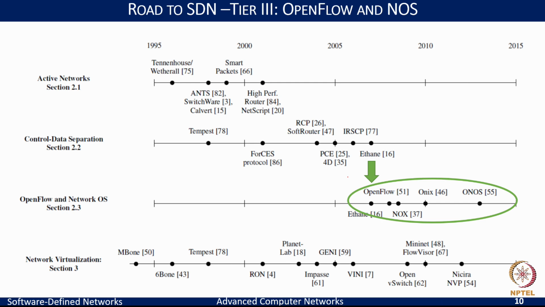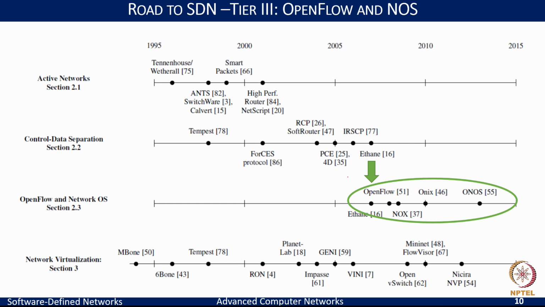And Ethane's approach to define the APIs or mechanisms for communication from these switching and router elements to one centralized entity, as the network APIs, influenced the creation of OpenFlow. And OpenFlow started around 2008.